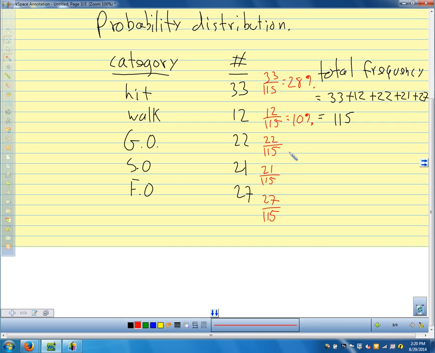Okay. And what happens when you add all of those together? 100%.